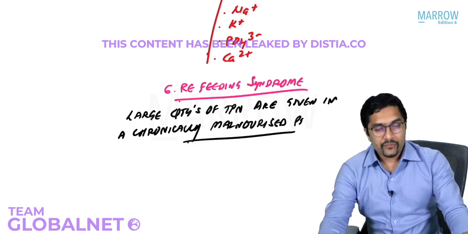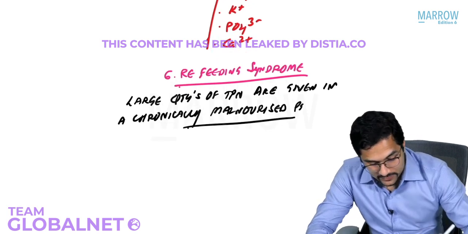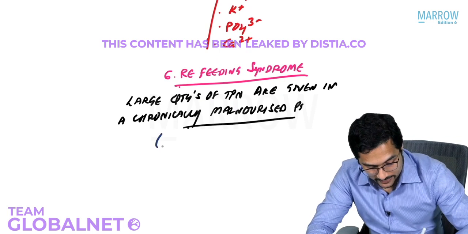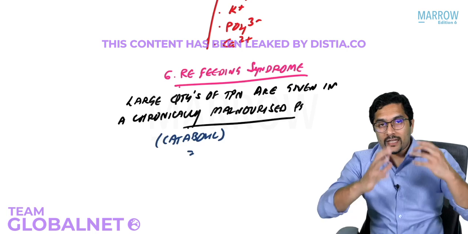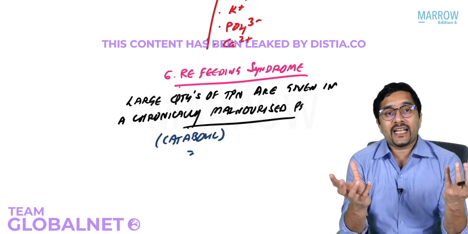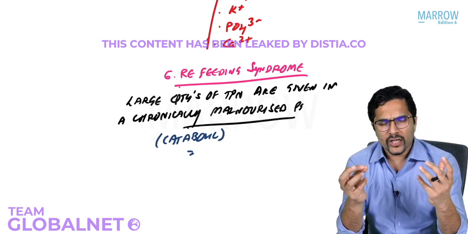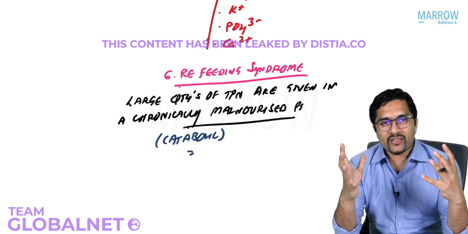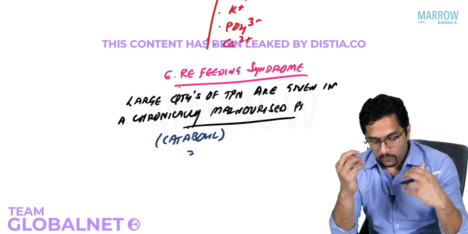That is when refeeding syndrome can develop, right? What basically happens is that this malnourished state is a catabolic state. The buildings in the body are being broken up to create energy. So buildings are being broken down, the economy is in bad shape, and you are breaking everything down to survive. So that is a catabolic state.